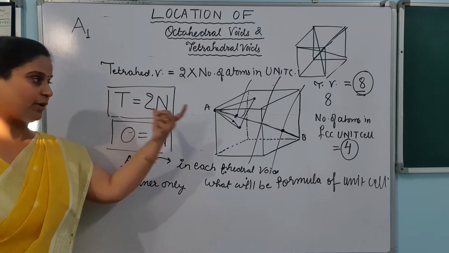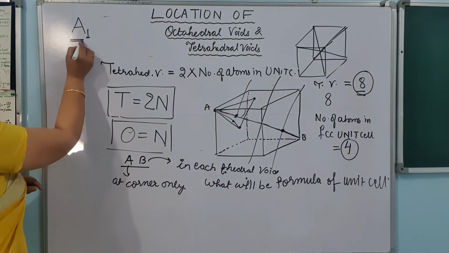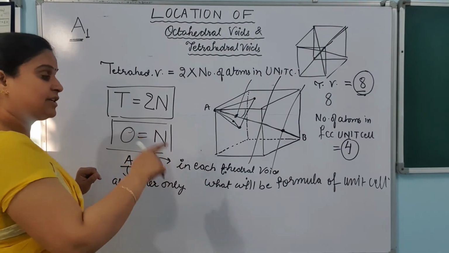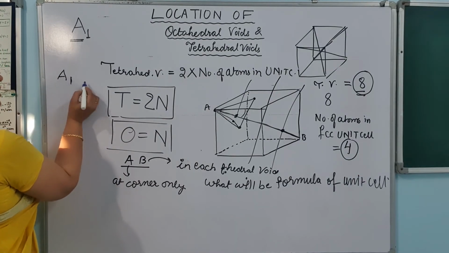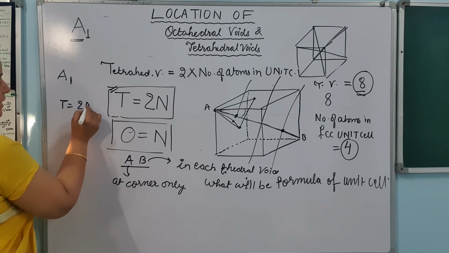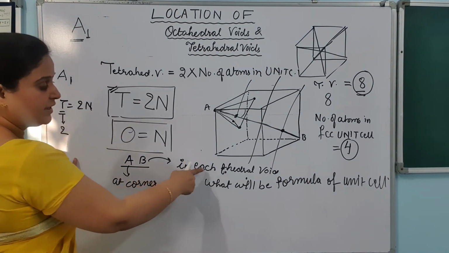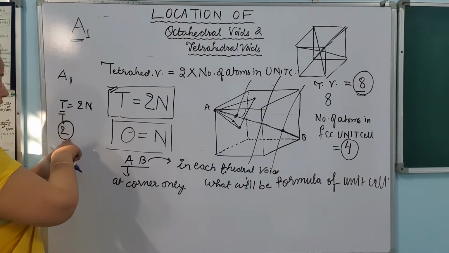at the corner there are 8 atoms and each is contributing 1 by 8. So the atoms which are present at the corner will be 1, and atoms which are present in each tetrahedral void, if 1 atom is there overall, so we know that T equals 2n, means tetrahedral voids will be 2. So it is covering each tetrahedral void, so it is covering 2 tetrahedral voids.